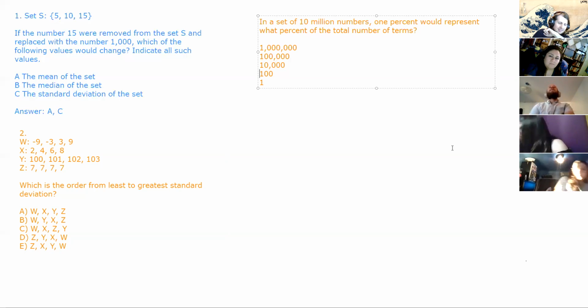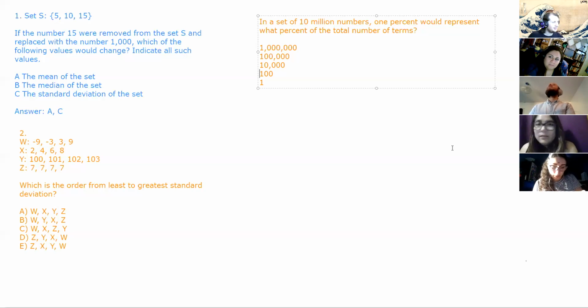If you had 10 million... Wait, can you define terms? What does that mean? Is that what it's asking us to figure out? 1 percentile would represent what percent of the total number of terms? 1%.